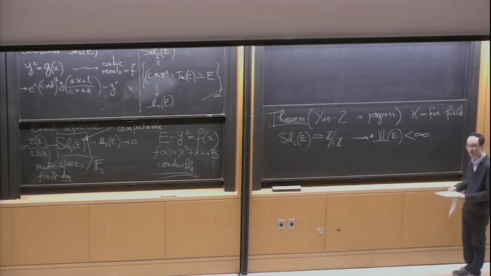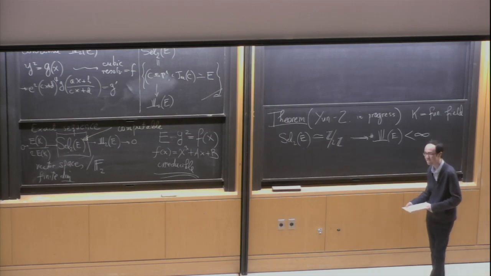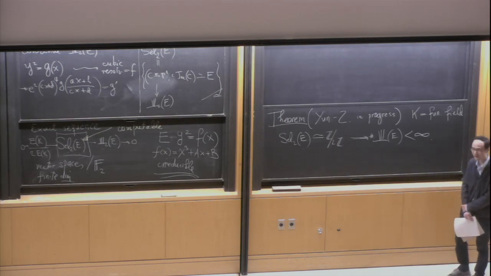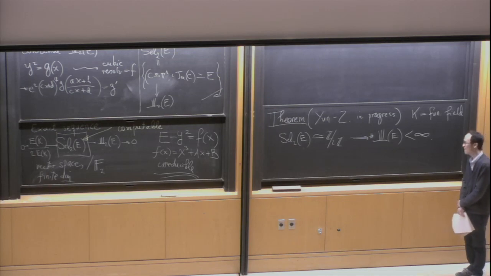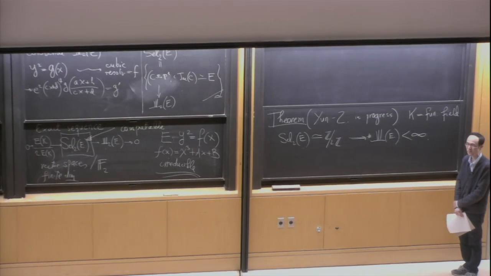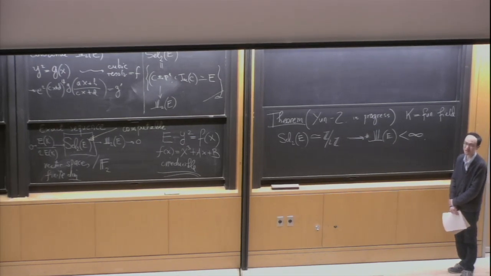So, let me repeat the question: can you prove this finite, and do you have an effective answer for the order? Yeah. Well, I don't know. Actually, I don't know the answer. It depends in terms of what quantity.